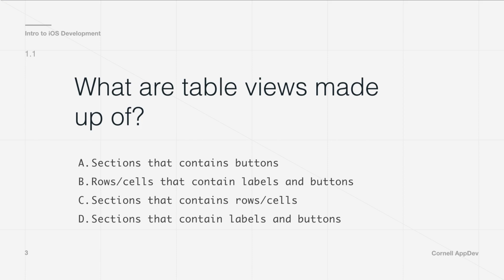Yes. So which letter? Oh, you mean B? That's actually not correct. Yes, that is correct. So table views have sections, and then those sections have rows that map to table view cells, right?